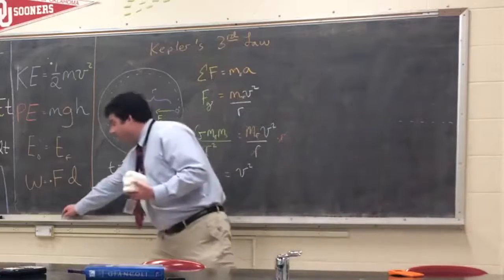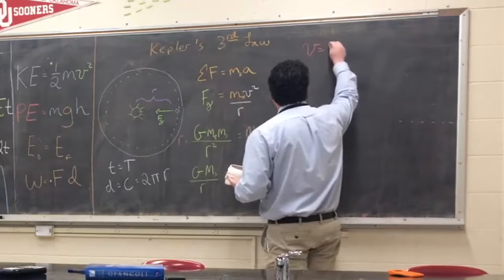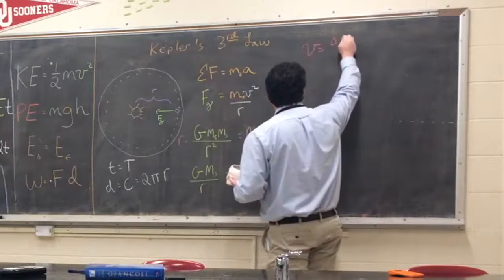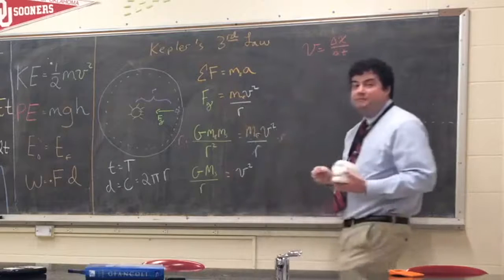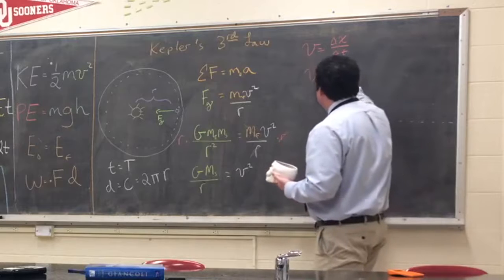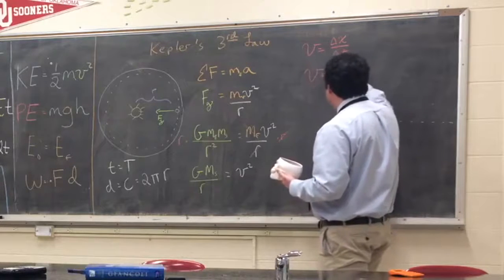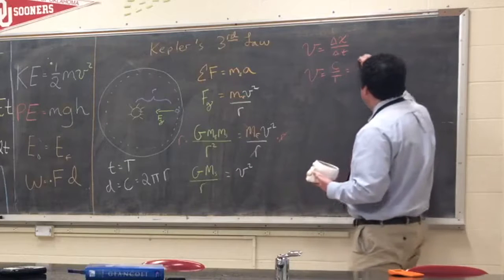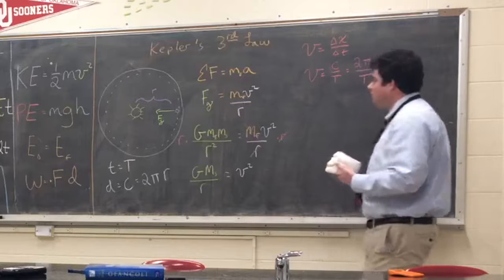We know that the velocity is distance over time. So what's the velocity? In this case, it's the circumference over the period, or 2 pi r over the period.